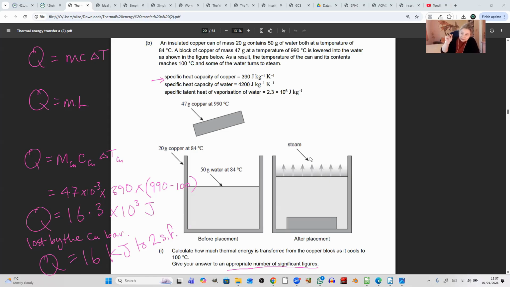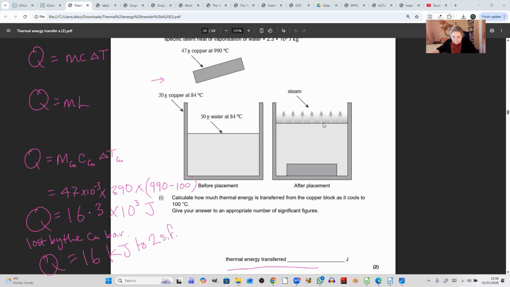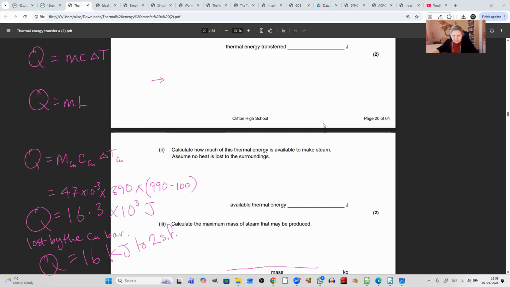Now you're right, in the real world, it will be heating the surroundings. But in this example, we are told that it doesn't lose any energy to its surroundings. Where does it say it? There it goes.